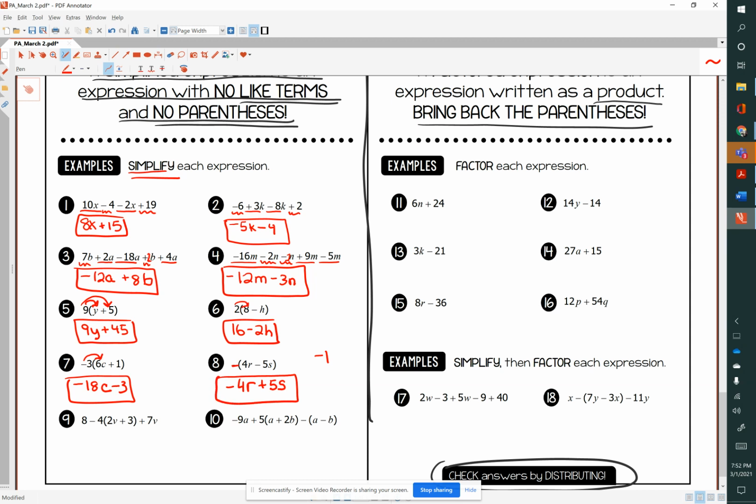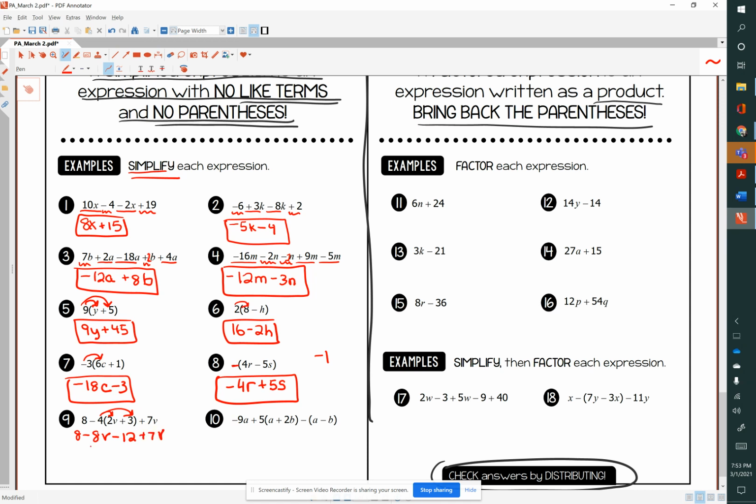Okay, number 9 and 10 are going to put everything together. We've got 8 minus 4 times the quantity of 2v plus 3 plus 7v. So first we need to distribute. So we have 8. Negative 4 times 2 is negative 8v. Negative 4 times positive 3 is negative 12 plus 7v.